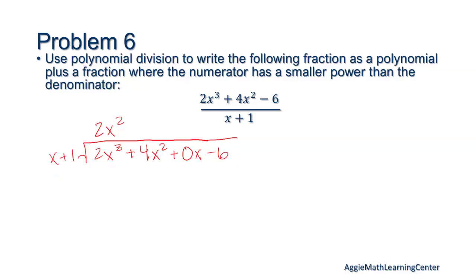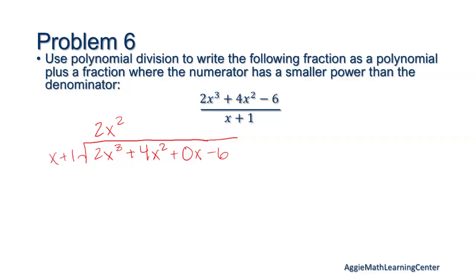So we have that. What's next? Multiply the 2x squared times x to get 2x cubed, and then by the 1 to line it up with the 4x squared. Yep. We're going to multiply the term we just wrote, the 2x squared, by each term in our dividing polynomial.